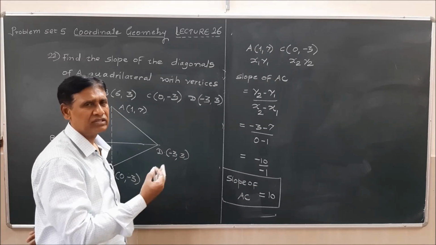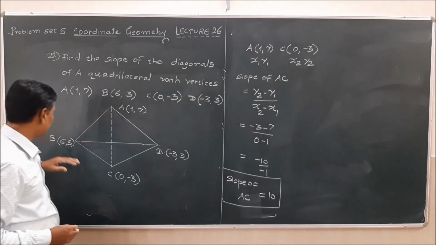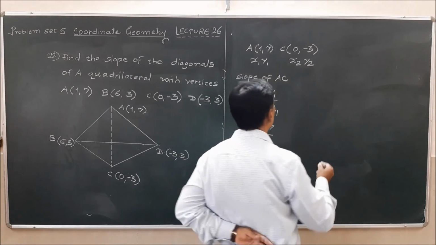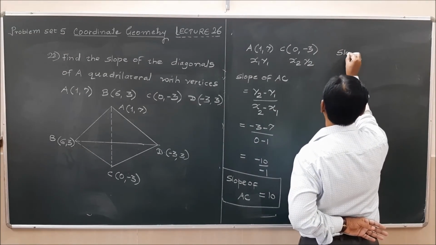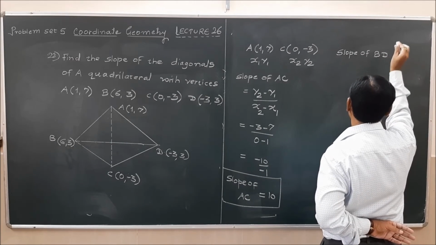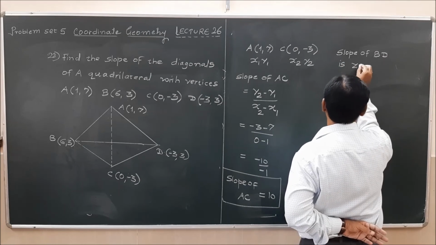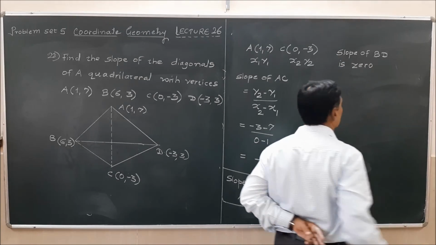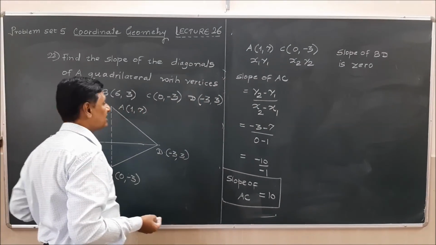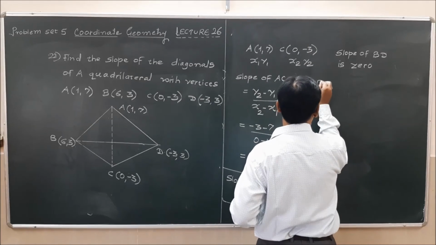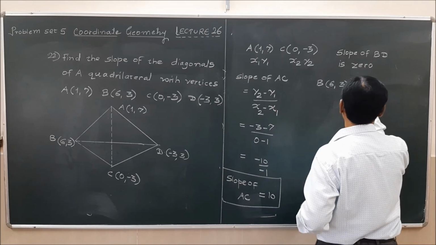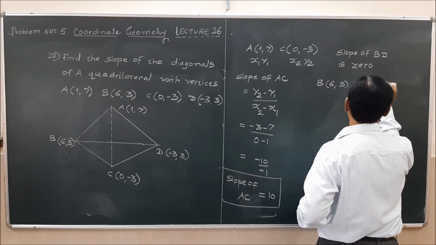Now for finding out slope of BD, please look here. Slope of BD is 0. You will surely think why this is so. Now you will find B(6, 3) and D(minus 3, 3).